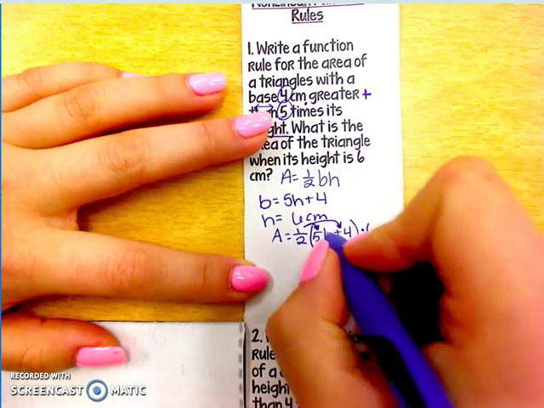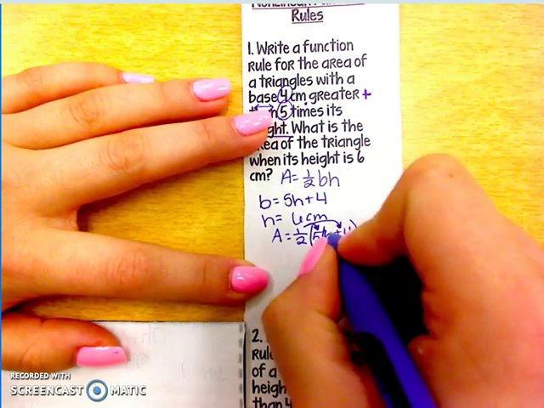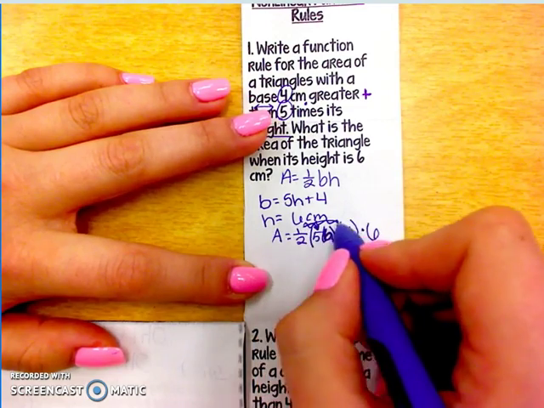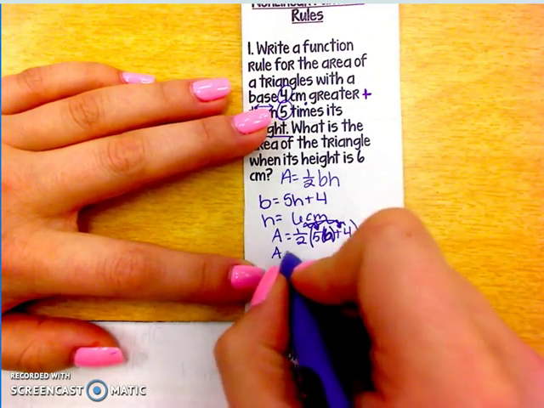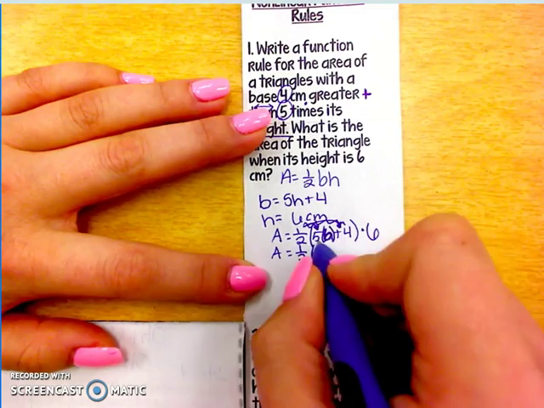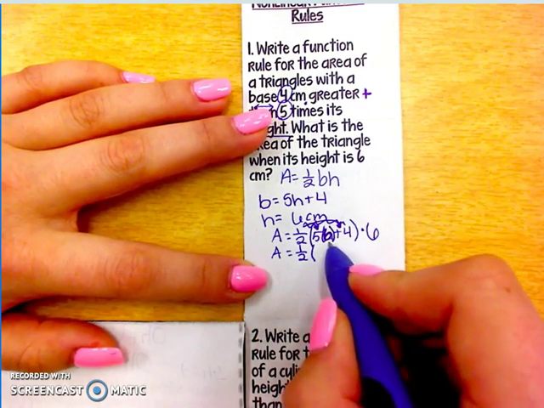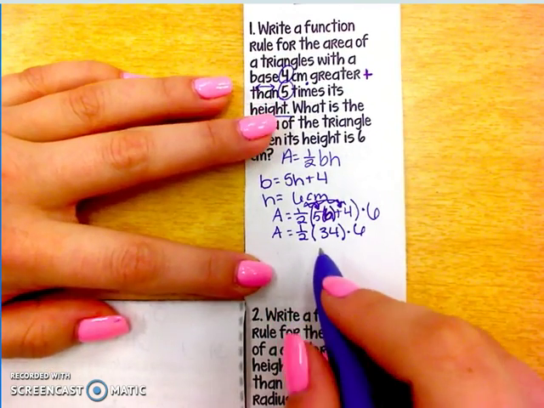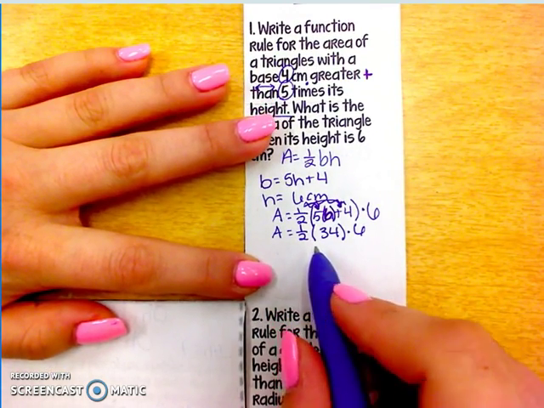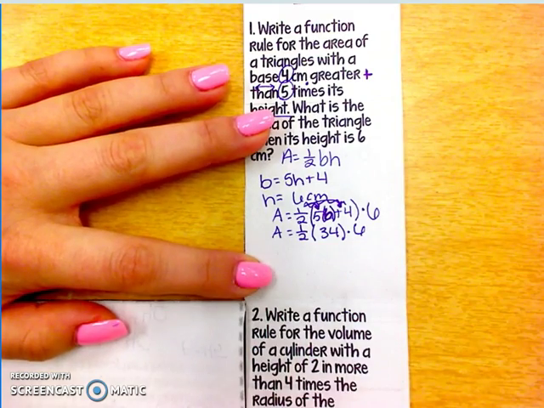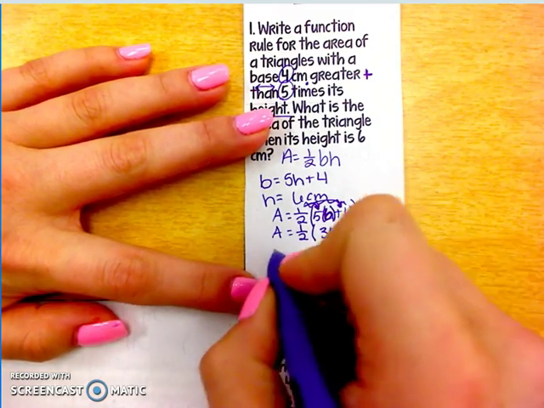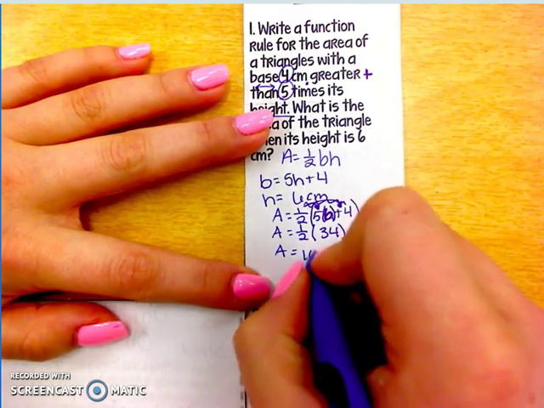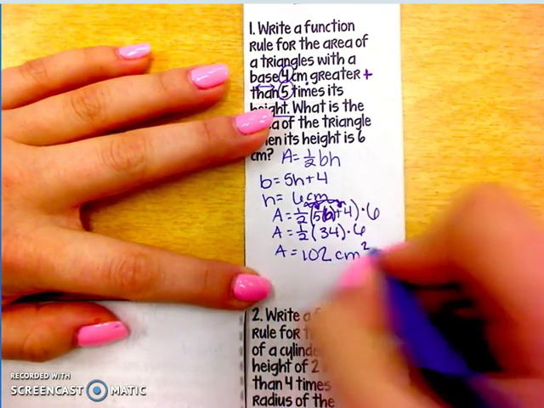Oh, and this height, we should plug it in. It's 6. I just forgot that there, so we're not distributing. Let's simplify on the inside of the parentheses. 1/2 times 5 times 6 is 30, plus 4 is 34. And then we have 1/2 times 34 is 17, and 17 times 6 is 102 centimeters squared.